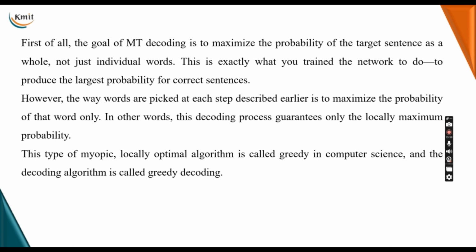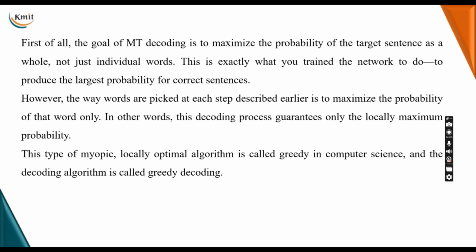Got it? So these greedy algorithms in general are not guaranteed to produce globally optimal solutions, and using this greedy algorithm can leave us stuck with suboptimal translations, which leads to very poor accuracy. This is not very intuitive to understand.